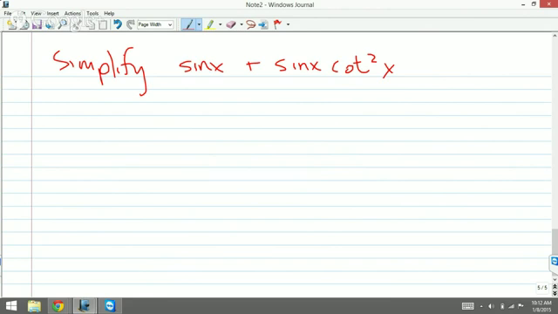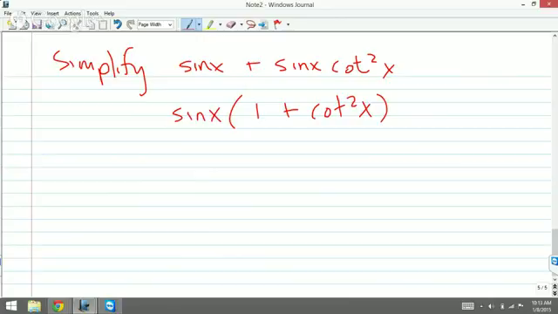This one's a touch easier than the last one. What can I do to that algebraically to simplify it? No, we can't add the sine x's because one of them has a cotangent attached. There's no equal sign. Can I take sine out of both of them? Yeah. Okay, so let's do that. What's left over?